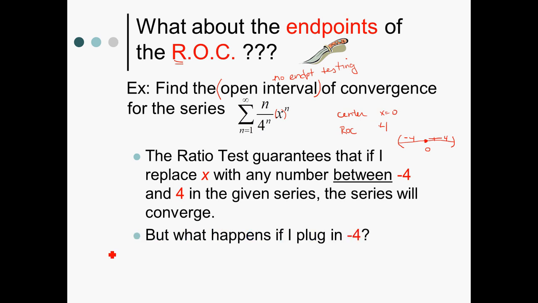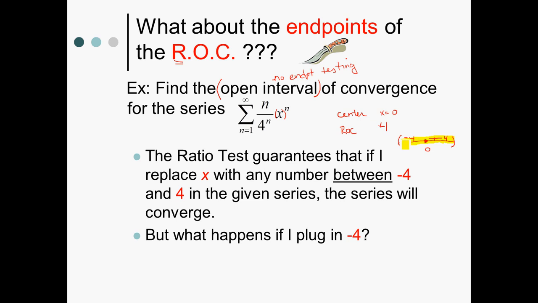But what happens if you plug in negative 4? Remember, the ratio test says I can plug in any number. I can plug in negative 3.99, negative 1, negative 0.99, 0, 0.01, 2, 2.7, 3.999999999.